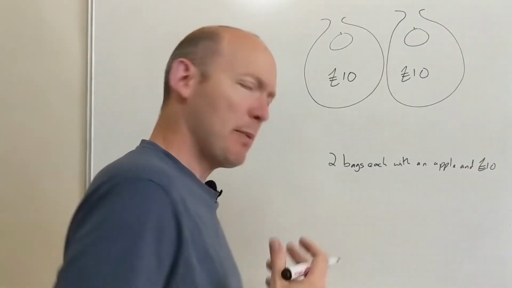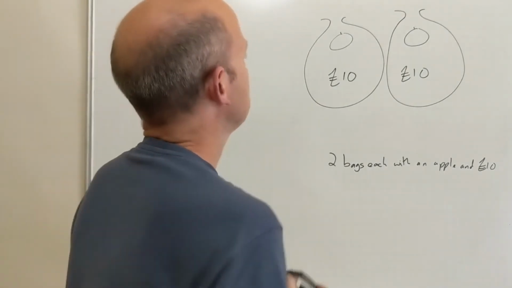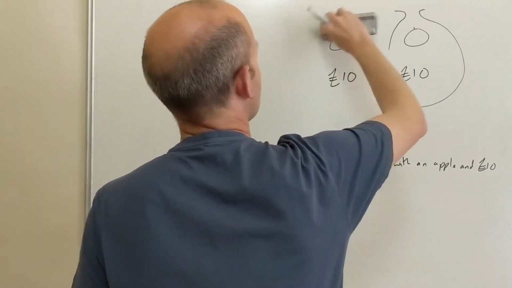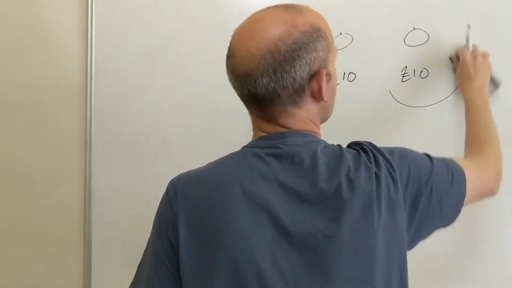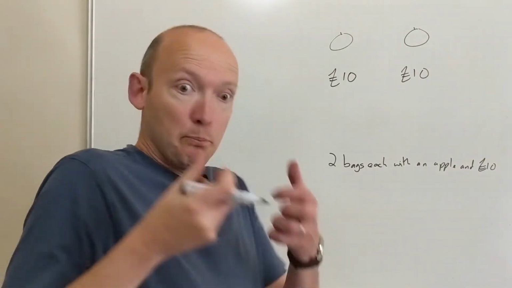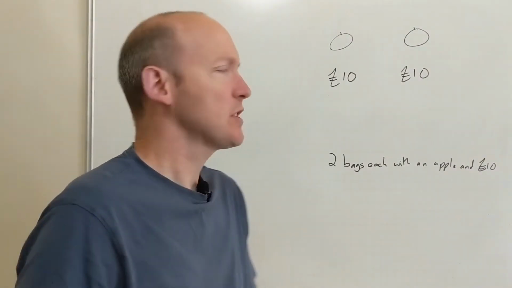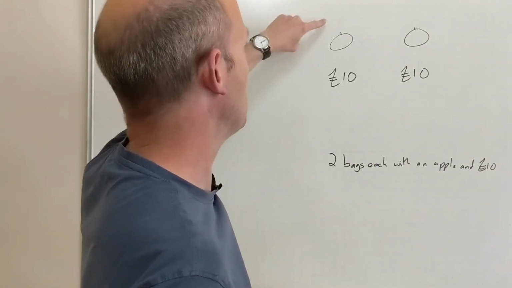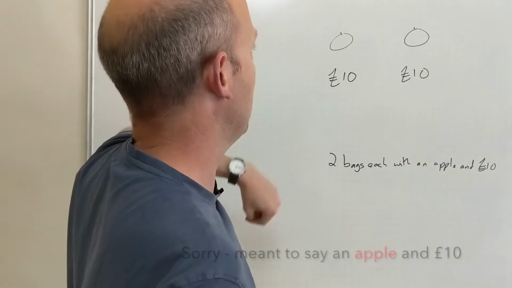But supposing that I empty the bags out. So I'm going to get rid of these bags now. So there's the first bag emptied out, and that's the second bag emptied out. And I just put what I've got down in front of me. So what have I got? Well, I could say I've got 2 groups, I suppose, of a bag and £10.